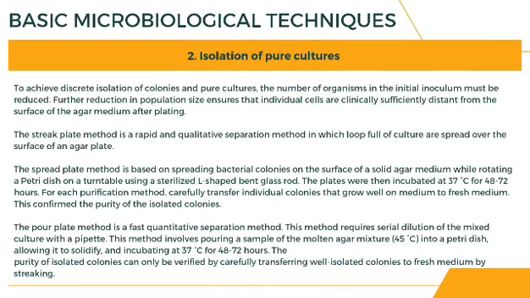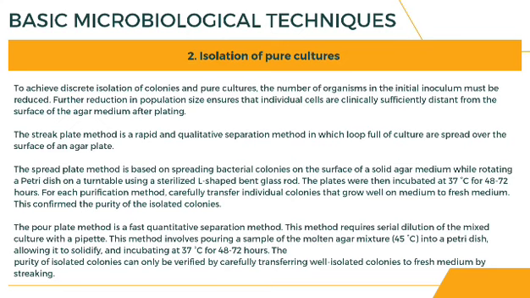Isolation of pure cultures. To achieve discrete isolation of colonies and pure cultures, the number of organisms in the initial inoculum must be reduced. Further reduction in population size ensures that individual cells are sufficiently distant from each other on the surface of the agar medium after plating. The streak plate method is a rapid qualitative separation method in which a loopful of culture is spread over the surface of an agar plate.